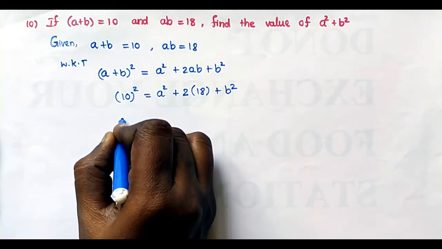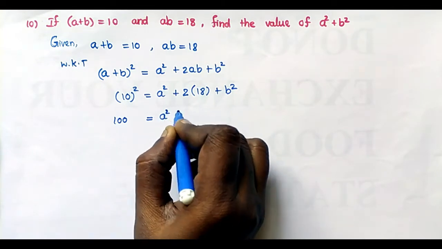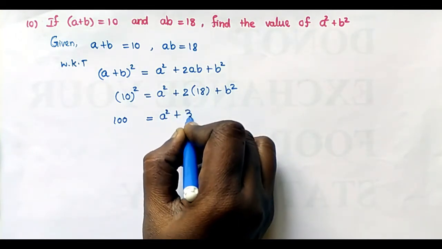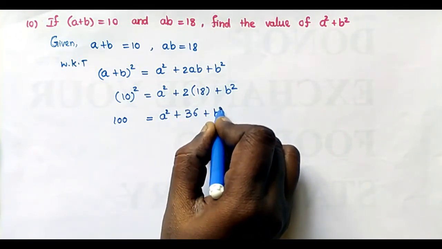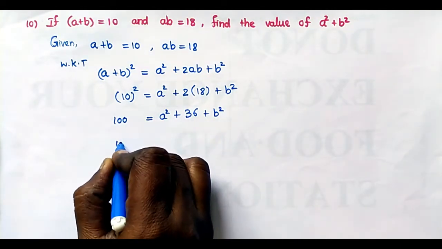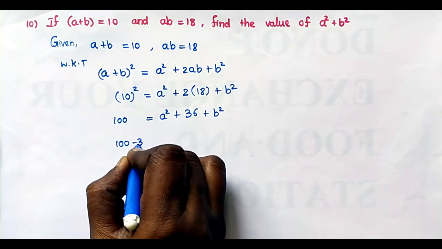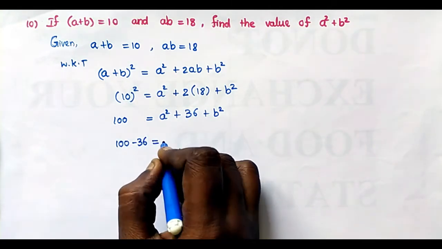Now 10 squared, that is 100, equal to a squared plus 2 into 18, 36, plus b squared. Bring this 36 to this side, that is 100 minus 36.